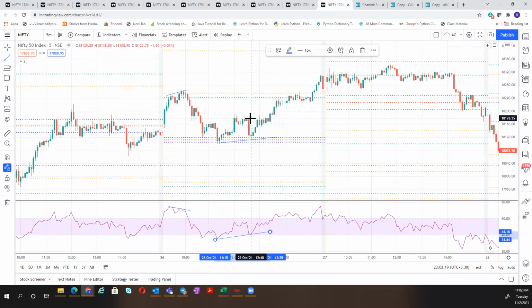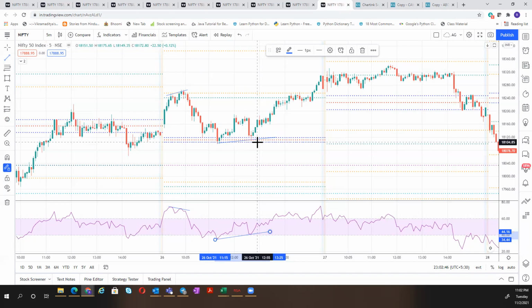So this big candle did not bring the RSI below 40. Near the CPR support, above 40, it was going up. So with this morning star and the upper CPR belonging to always buyers, you can definitely go long here, keeping the low of the CPR as the stop loss.